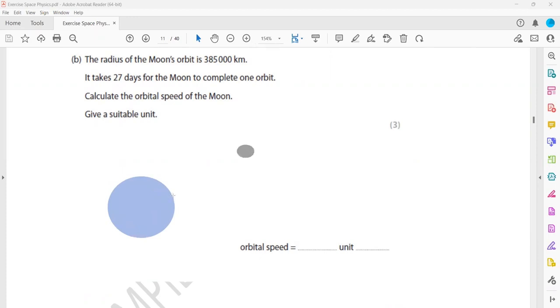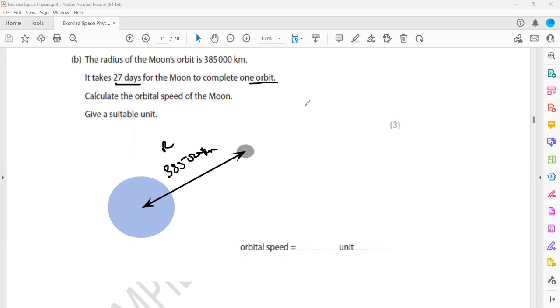The radius of this orbit is given in kilometers, which is 385,000 kilometers. So 385,000 kilometers is the radius of this orbit. It takes 27 days to complete one orbit. We have to calculate the orbital speed of the moon, like what speed the moon is moving.